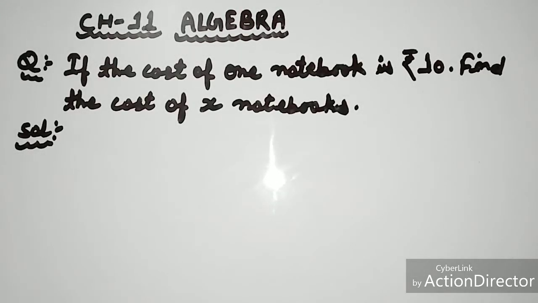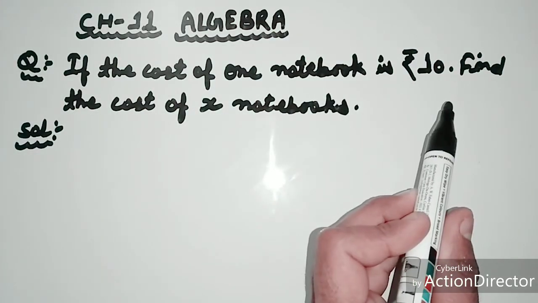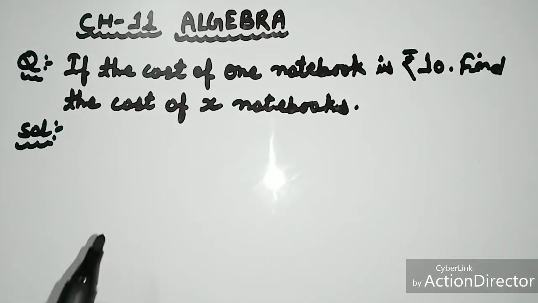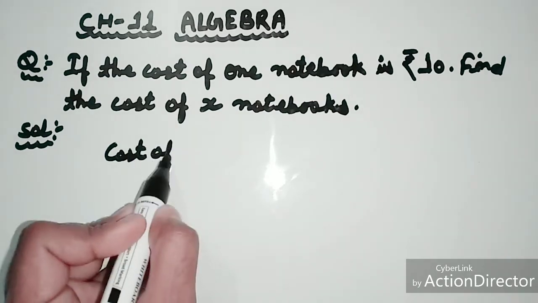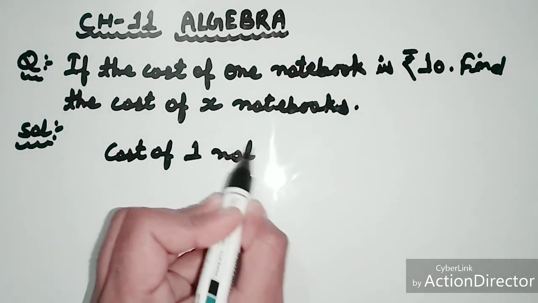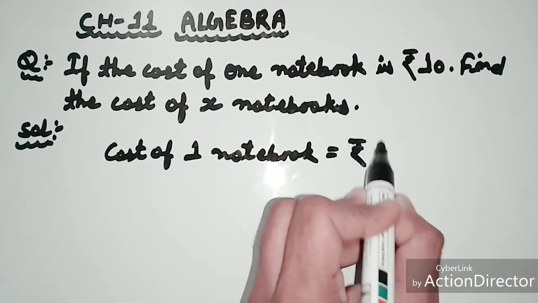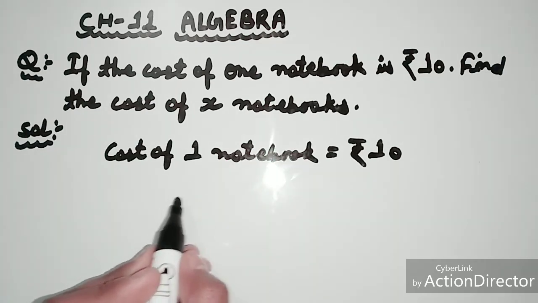Now the first example: if the cost of one notebook is 10 rupees, find the cost of x notebooks. Here the cost of one notebook equals 10 rupees, because first we write the given details and after that we solve the question. And the cost of x notebooks.